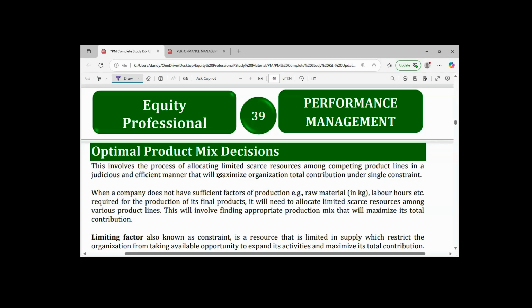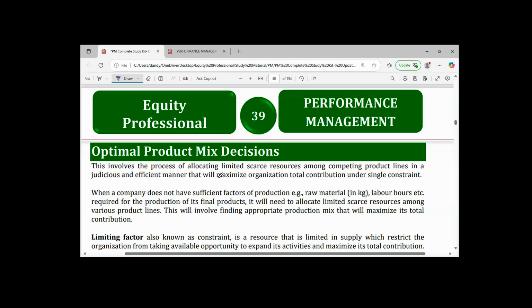That is the optimal product mix. The company will need to allocate them among all the relevant product range to maximize contribution towards profit.